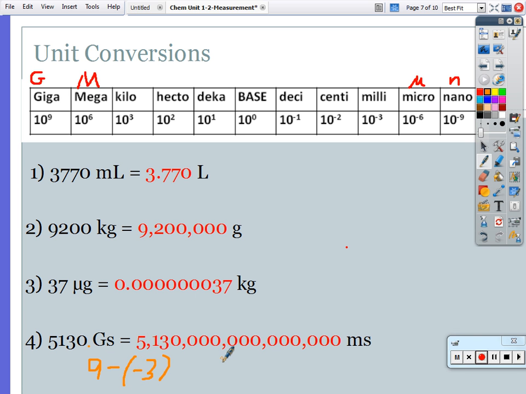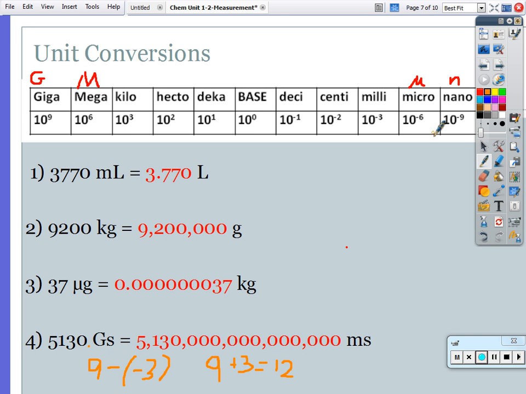A negative and a negative become positive, so I actually have 9 plus 3, so that equals 12. So it's positive 12, so the positive means I move to the right 12 places, so I get the same thing. So either you can do the jumping, which is fine, or you can do the exponent addition and subtraction. The key here is that you got to have this table memorized. You got to know that mega is 6, micro is negative 6, and so on.